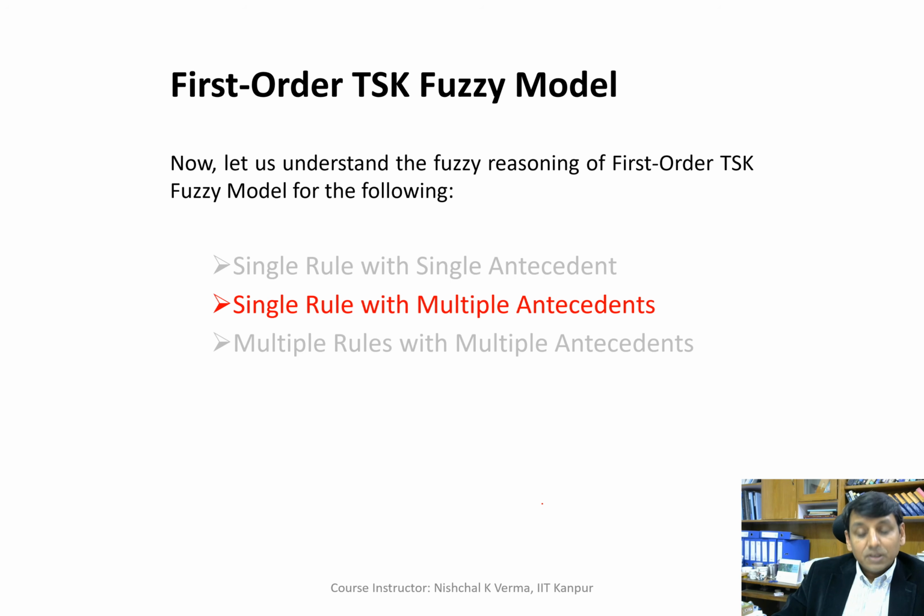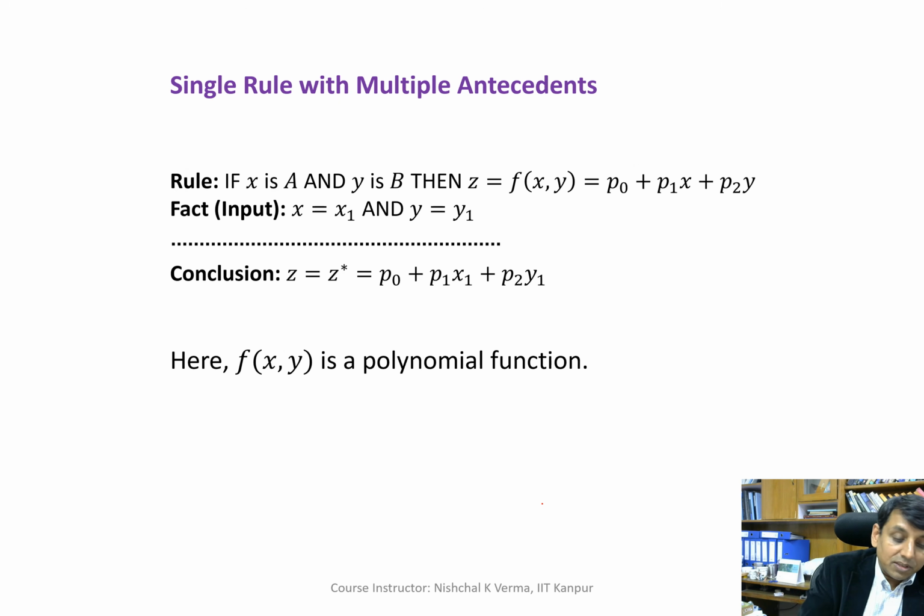Alright, so now let us go to the second case of the first order TSK fuzzy model, where we have a single rule but with multiple antecedents. Here also, for simplicity, we have taken only two antecedents: X is A and Y is B. But these two antecedents are connected by the connective AND.